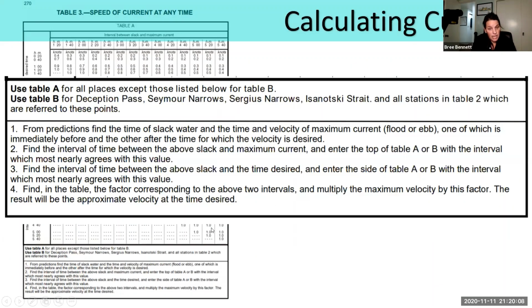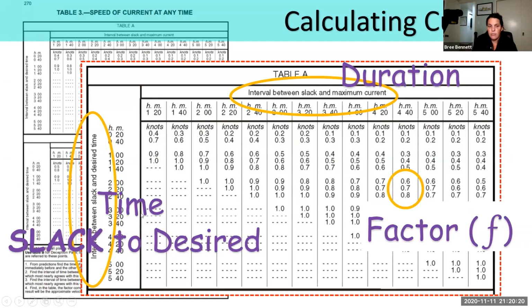Now, if we look at the bottom, it tells us to multiply the maximum velocity by this factor. So if I go back to this one, our TNT, or our time to desired, the desired time goes to slack, but the factor goes to the maximum.